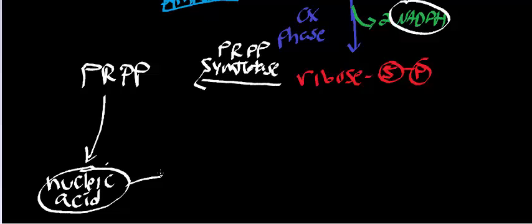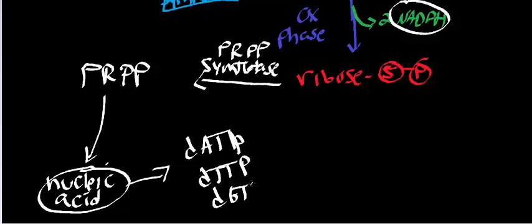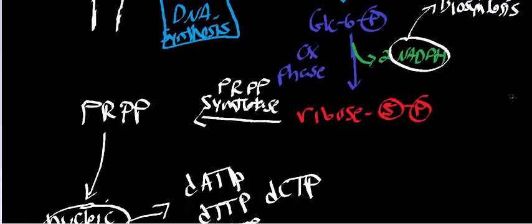So specifically, the nucleic acids we're talking about are deoxy-ATP, deoxy-TTP, deoxy-GTP, and deoxy-CTP, right? And when we look at the mechanism of DNA polymerase, we'll understand why it has to be that, right? But essentially, you have all these nucleotide triphosphates you have to make, and you have to have phosphoribosyl pyrophosphate to make them.